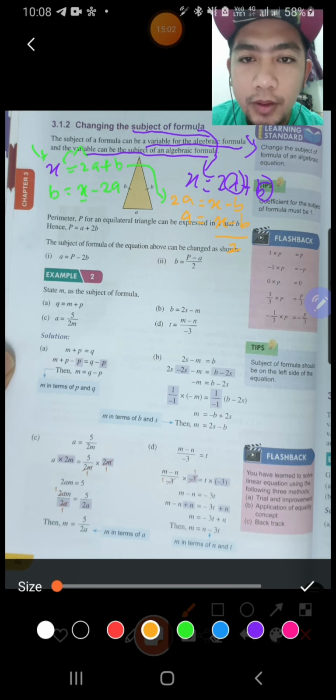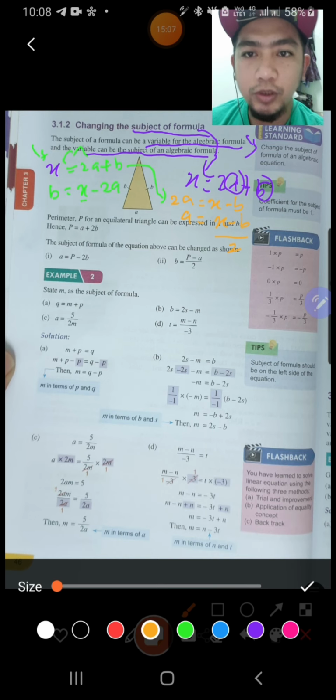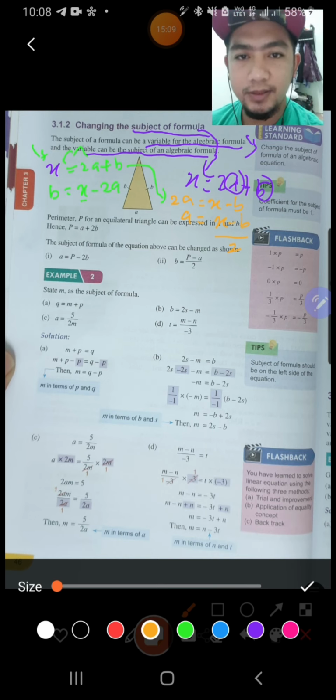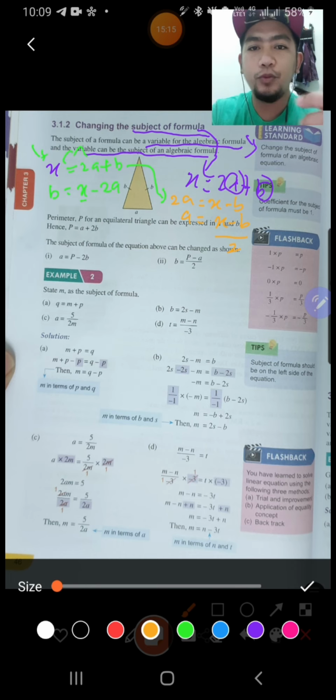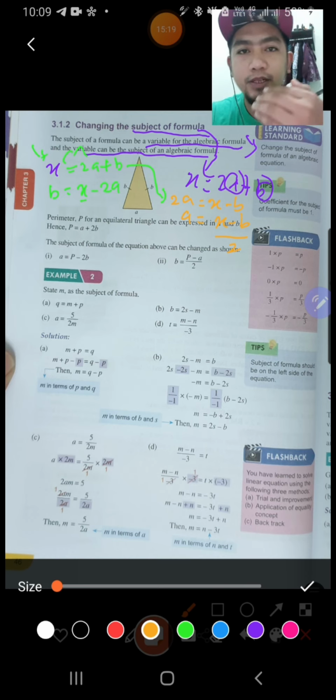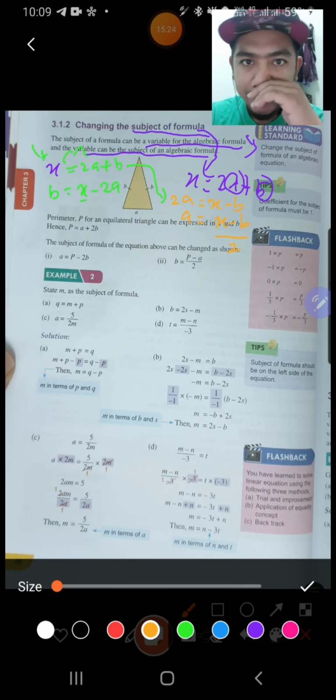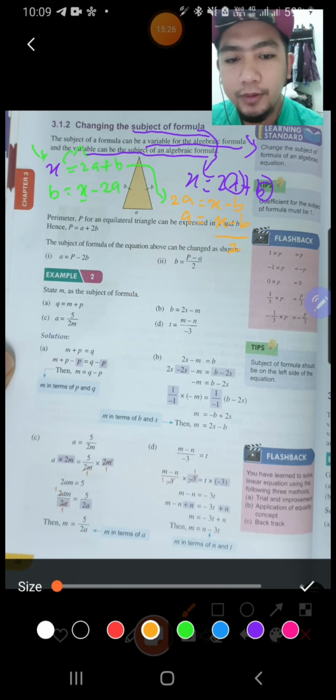So now a becomes the subject of the formula, and x minus b over 2 becomes the variable. That means you can manipulate the variable to the subject of formula, and the subject of formula can be manipulated to the variable.